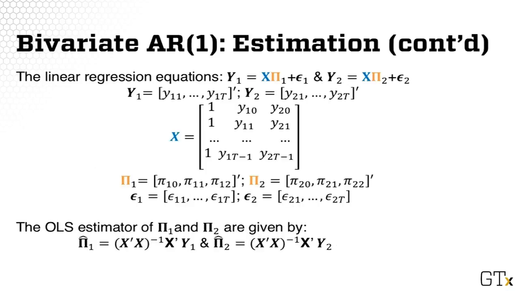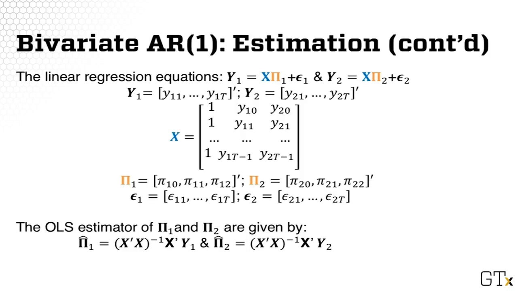We can write the two regressions in the matrix form as provided in the slide. y1 is equal to x times pi 1 plus the error. y2 is equal to x times pi 2 plus the error term. The matrix X is a t by 5 matrix with each row corresponding to each time point.